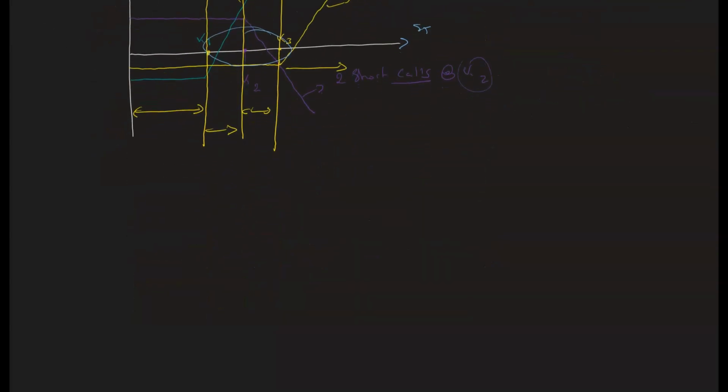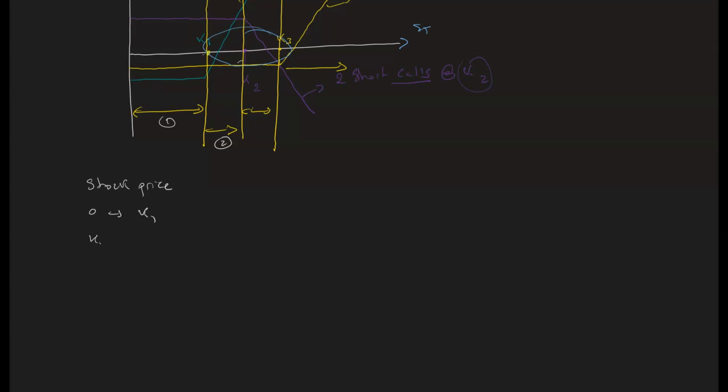So let's set our stock price. It can be between 0 and K1, that's the first one. The second window is between K1 and K2.